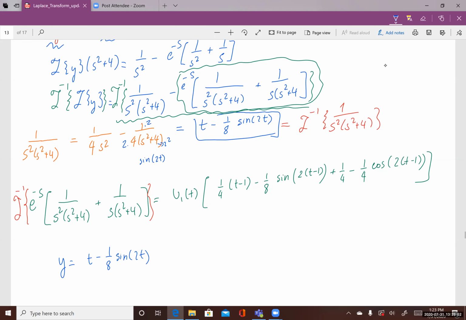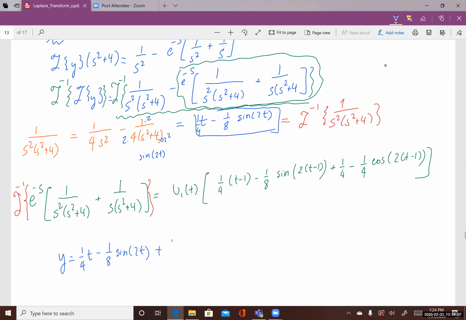Or it should be 1 over 4, 1 over 4t, because of 1 over 4 over here. Okay. So 1 over 4t minus 1 over 8 sine 2t plus u1(t) times [1 over 4 (t minus 1) minus 1 over 8 sine of 2(t minus 1) plus 1 over 4 minus 1 over 4 cosine of 2(t minus 1)].